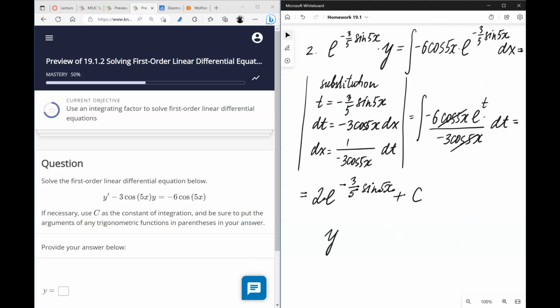However, we need to isolate y, so we divide both sides by this whole thing, which will be equivalent to this. And this was not an initial value problem, so this is my answer.